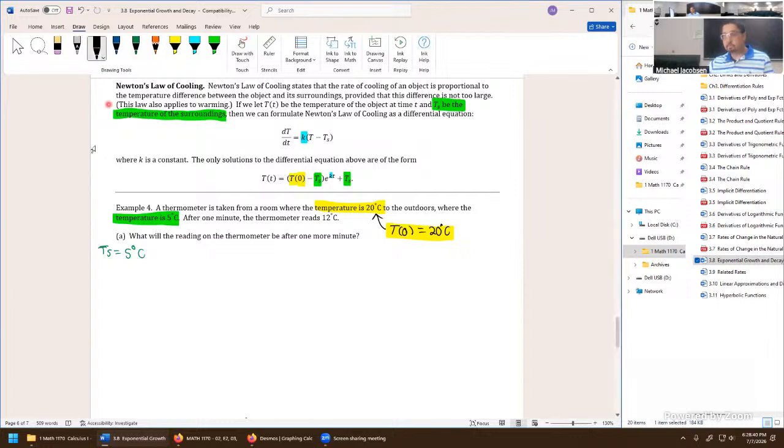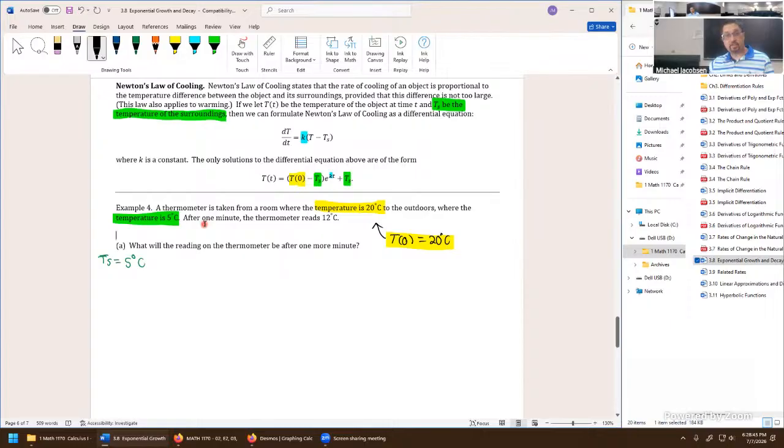And then finally, one more piece of information is really just a function evaluation. After 1 minute, so temperature at time 1 minute, temperature is at 12 degrees Celsius. So we have 2 pieces we can plug in. We know the initial temperature, we know the temperature of the surroundings.